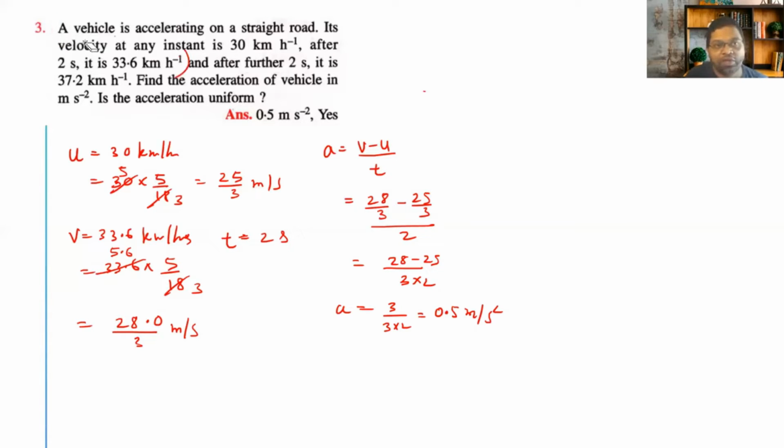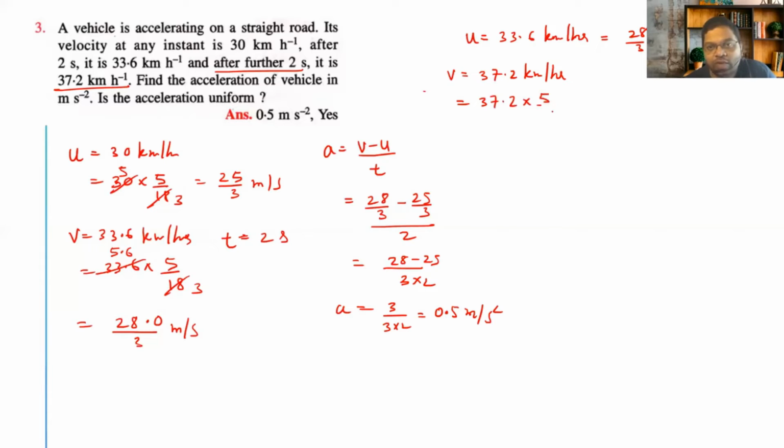And now if you read the question, it says that in further 2 seconds, the velocity becomes 37.2. That means now if you take the initial velocity as 33.6 kilometer per hour, which we know is 28 upon 3 meter per second, and you take the final velocity as 37.2 kilometer per hour, which will become 37.2 into 5 over 18. 6 threes are 18, 6.2.